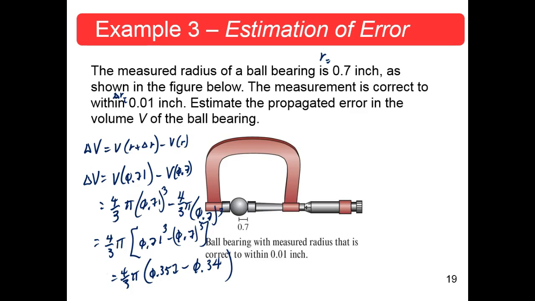Do the actual, don't round off. 0.71 cubed minus 0.7 cubed. Get a difference. Then multiply by 4, by pi, and divide by 3.